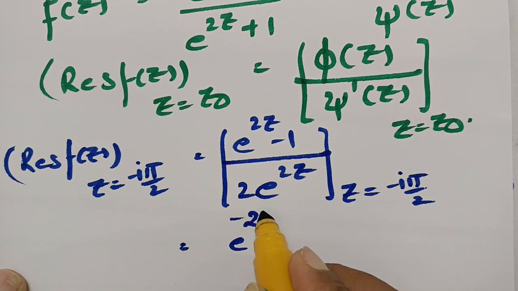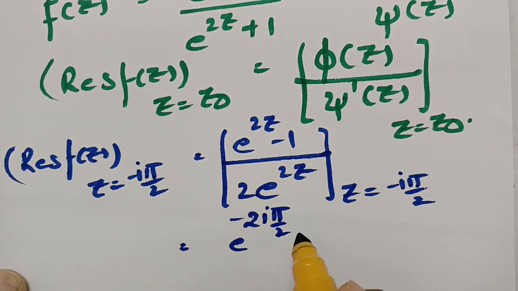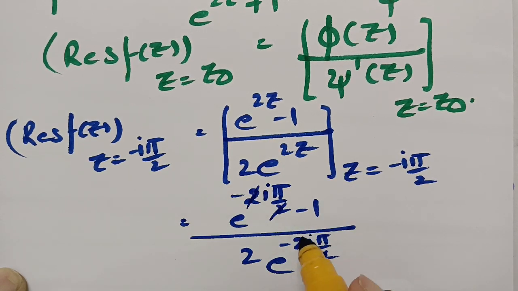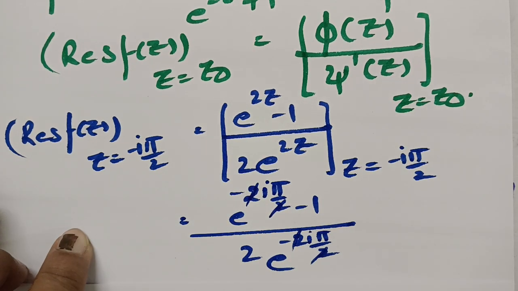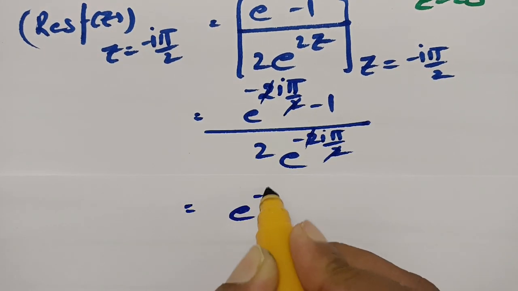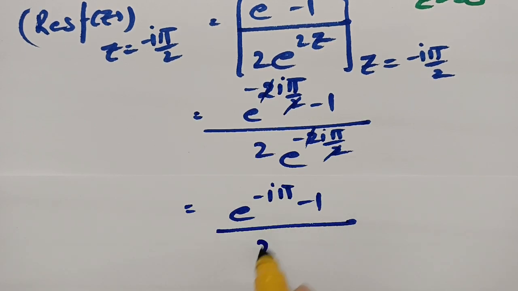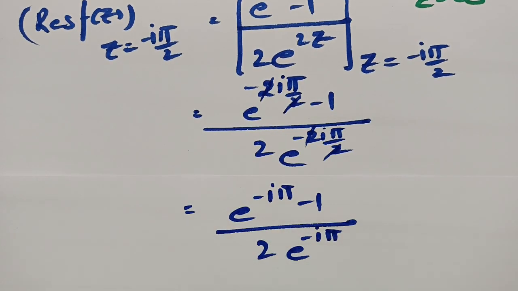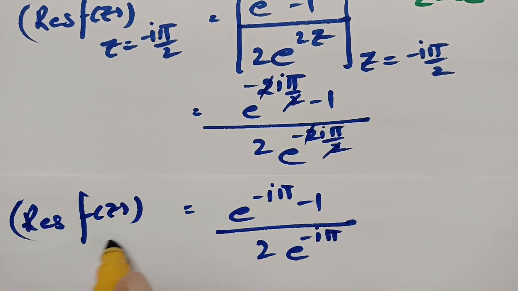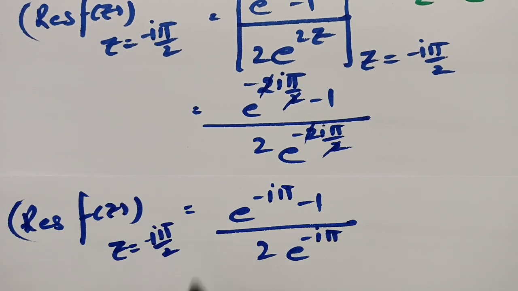That is e^(2 times minus iπ/2) minus 1, by 2 times e^(2 times minus iπ/2), that is e^(minus iπ). Clear? Now I can cancel this 2. After cancelling, I can write this as (e^(minus iπ) minus 1) by 2 times e^(minus iπ). Clear? So this is the residue value of f(z) at z is equal to minus iπ/2.